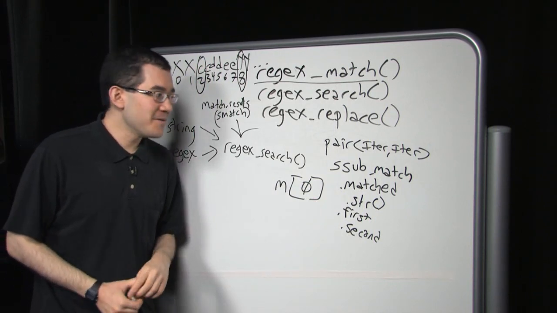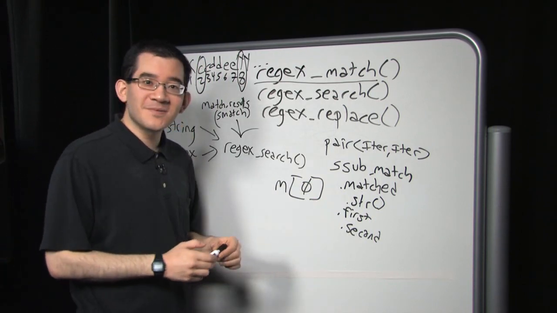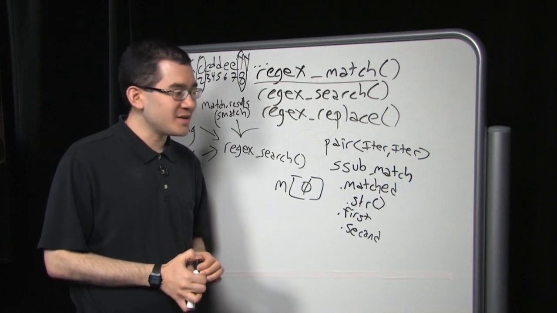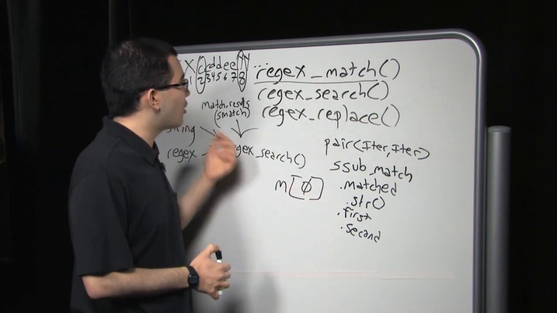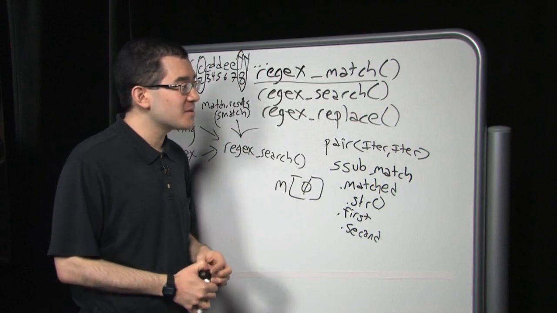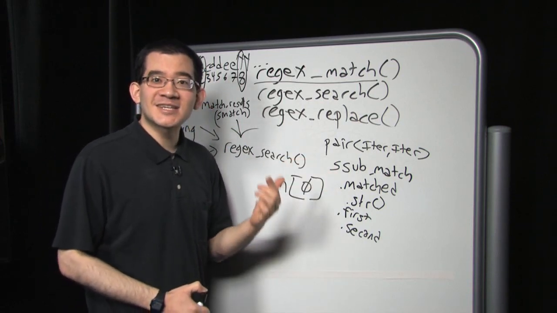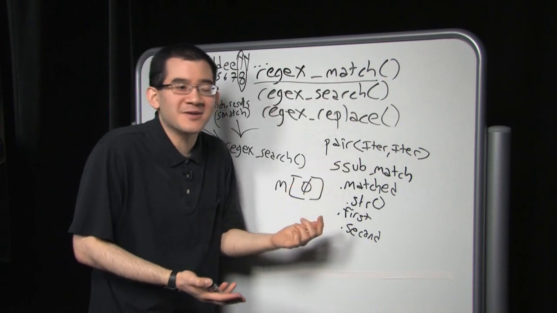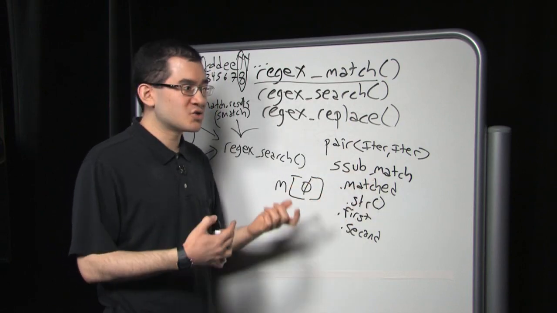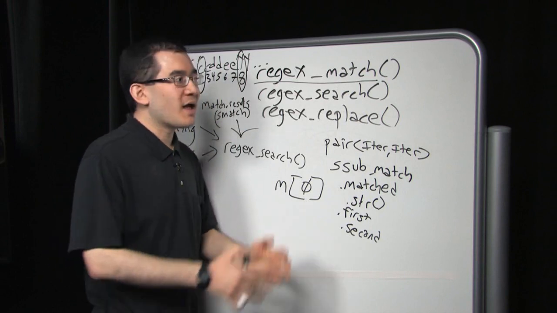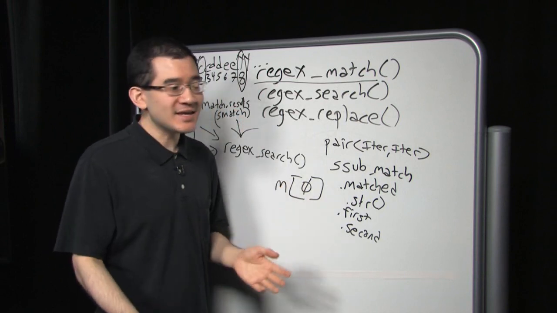Now, if you're ahead of me, you'll have noticed what this is doing. Not only is this very convenient in that it can give me the string that matched, it also can tell me where the string matched. It is conserving space. Submatch is constant space. It's just a pair of iterators, whether const char stars or string iterators. It doesn't matter how big that substring is.